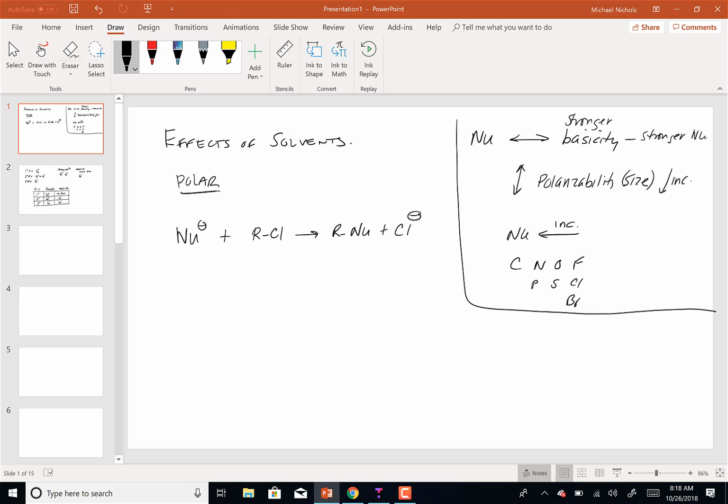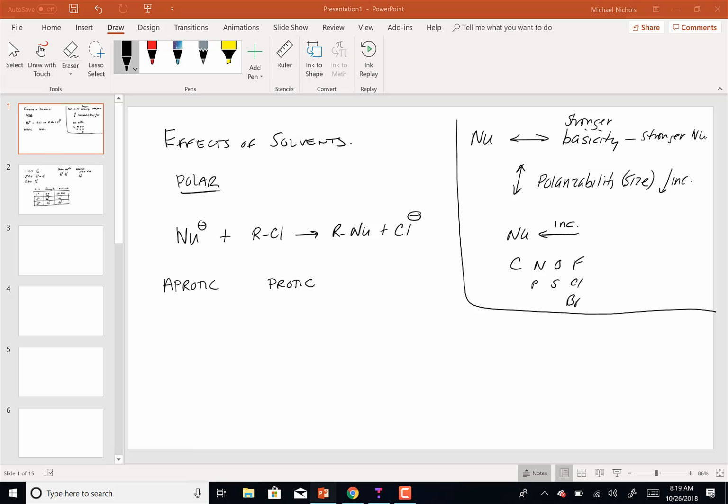So we have to deal with a polar solvent, except there's two types of polar solvents. There are what some textbooks call aprotic, and there are protic. I've never liked that term, primarily because some of the stuff I did for my thesis involved this, and it isn't an accurate term.